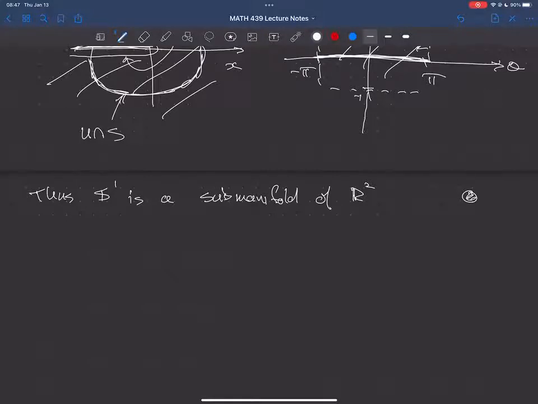All right, so very often, first let me maybe say one thing about submanifolds. It's easy to show the following fact. Submanifolds are manifolds.